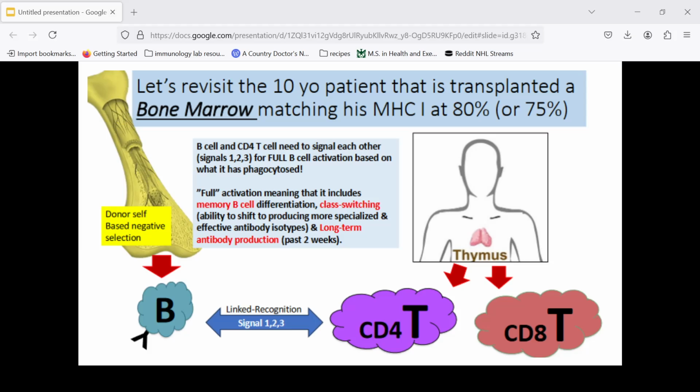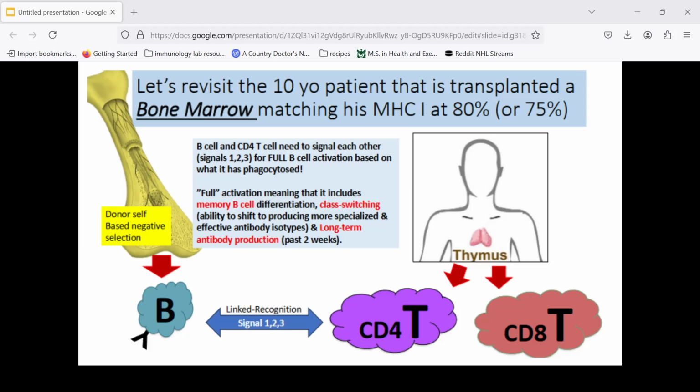To get into the technicalities for just a second, when we have a recipient who is getting a bone marrow transplant, we kill all of their existing immune cells. So they get a whole new set. We're starting over with what we got donated, which means any B cell, any T cell that this recipient has from the moment they get the bone marrow transplanted is going to be made from the DNA of our donor. Okay.